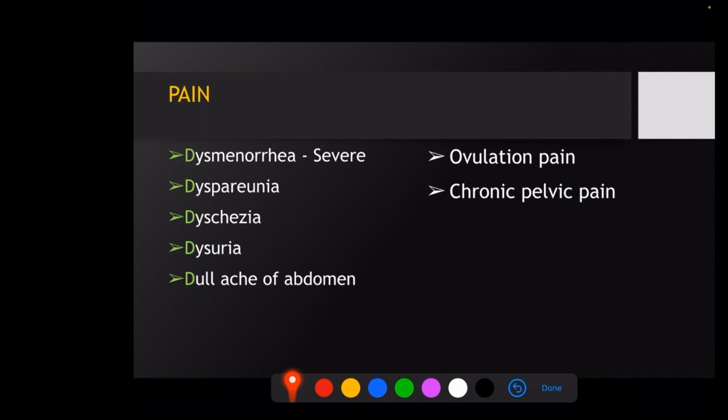Pain starts 1 to 2 weeks before menstruation. That is, during the secretory phase itself, pain starts and increases with the onset of menstruation. The causes may be endometriosis, adenomyosis, chronic PID, cervical stenosis, fibroid uterus, ovarian mass, Mullerian anomalies, or pelvic congestion syndrome.